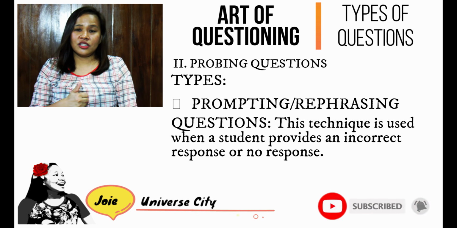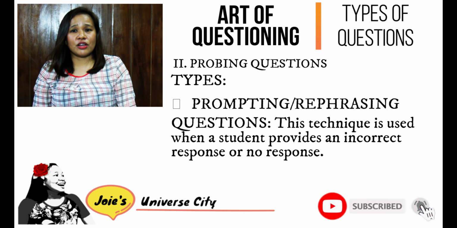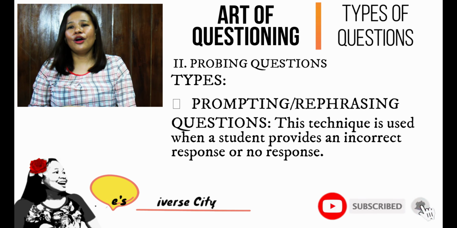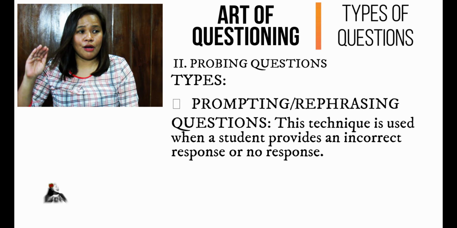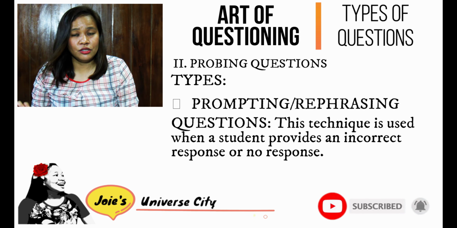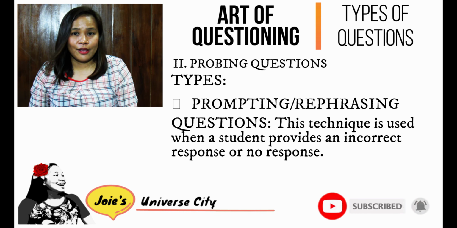Maybe the question is not properly understood. Maybe the construction of the question is not comprehensible. Or maybe the question is too high to be understood by the students. So you've got to ask prompting questions.